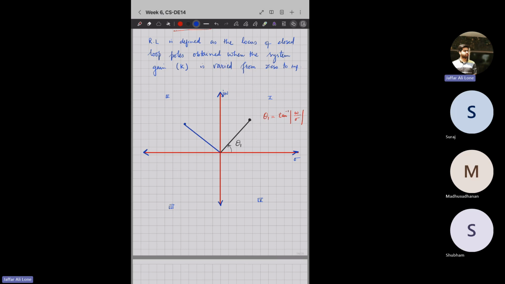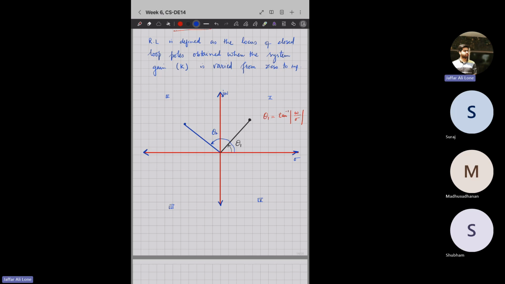I will measure it like this; this is my theta 2, which I can write as 180 minus theta 1.